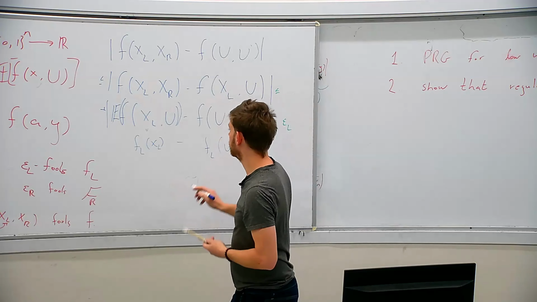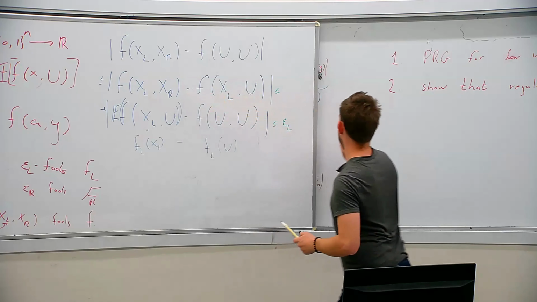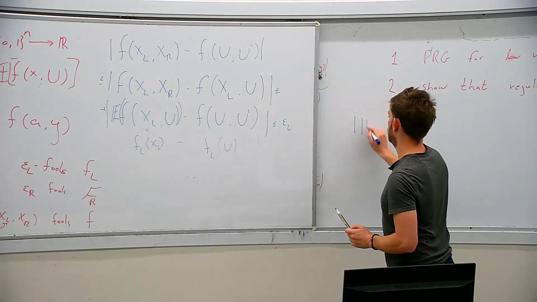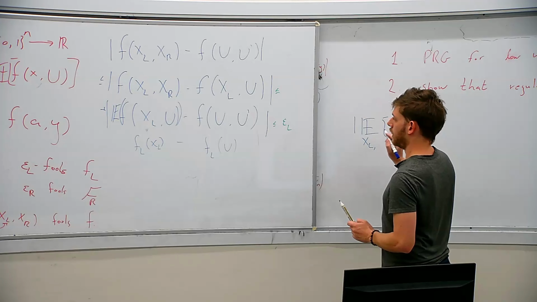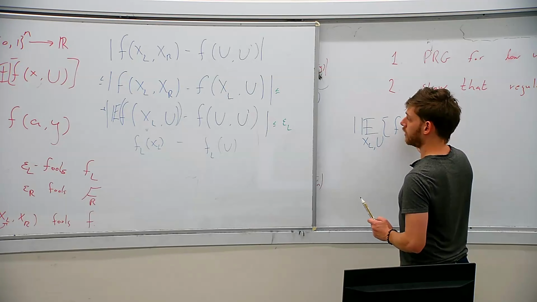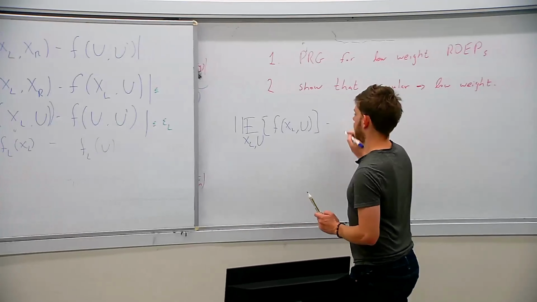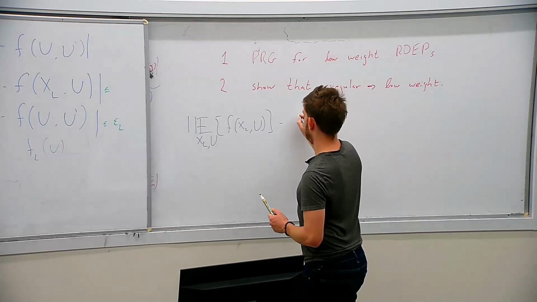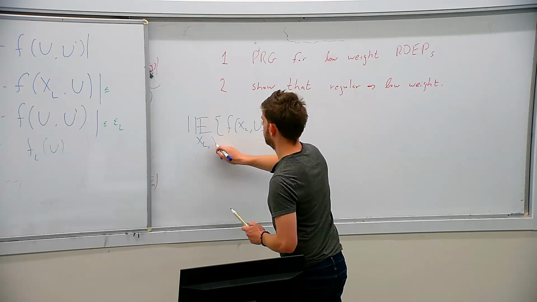Okay, do you want to write it? So the second term, this one, let's write it explicitly: expectation over XL and U of F of XL and U minus, sorry.